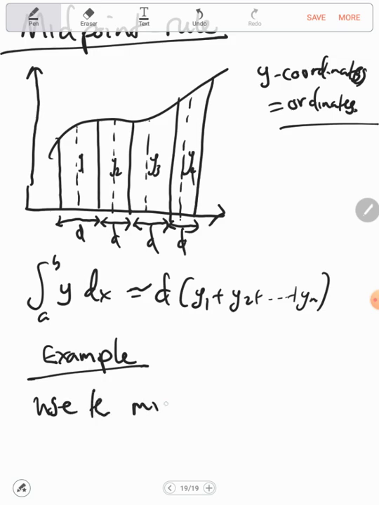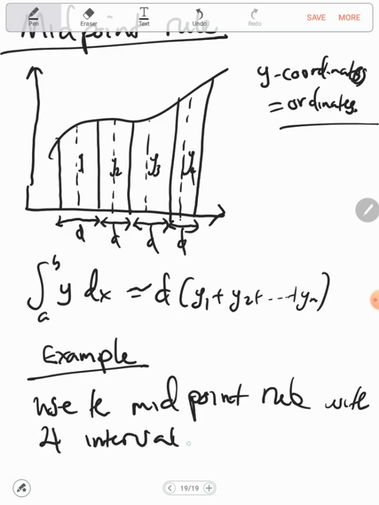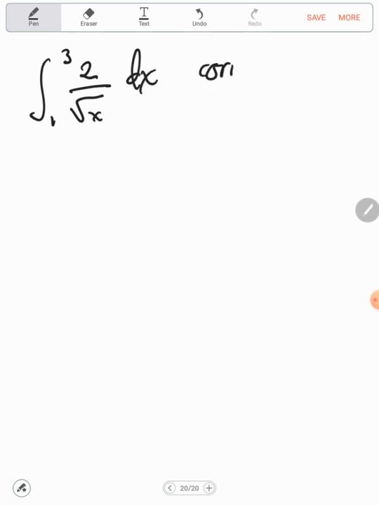Use the midpoint rule with 4 intervals to evaluate, correct to 3 decimal places.